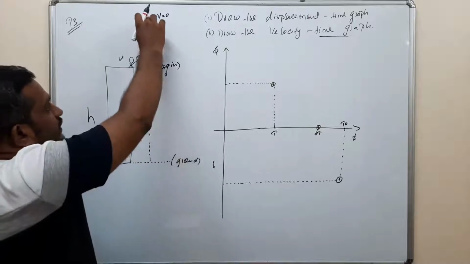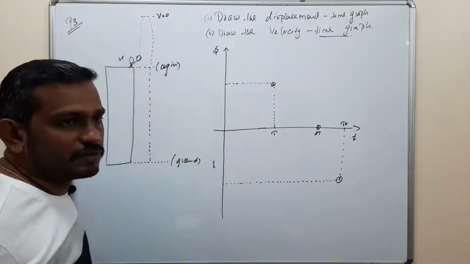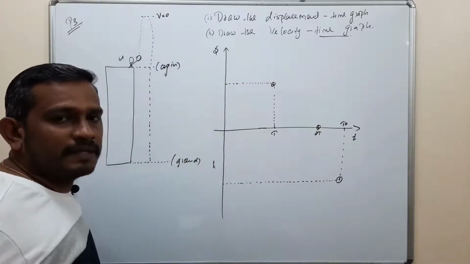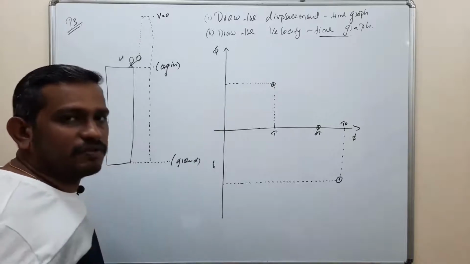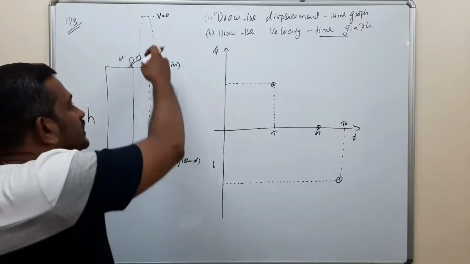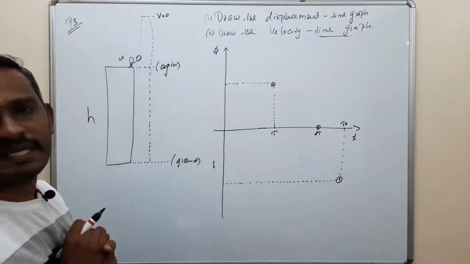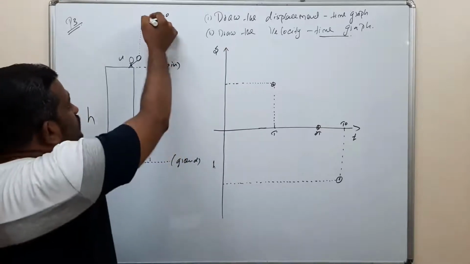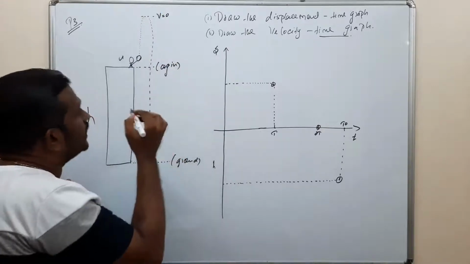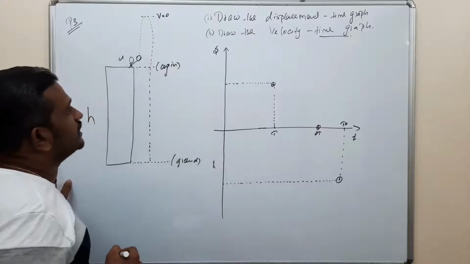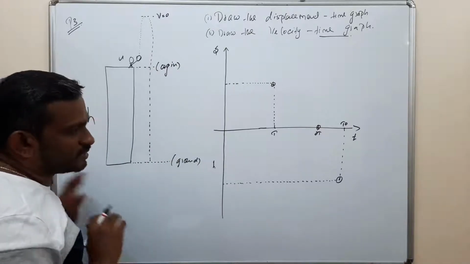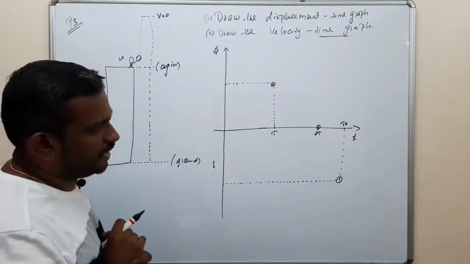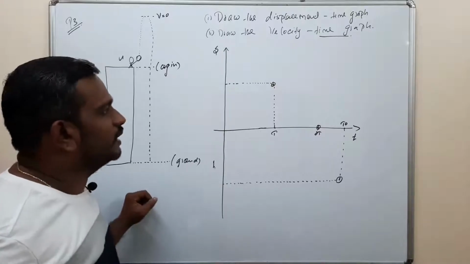From that point the ball comes down. The velocity is negative and increasing. Throughout the motion from this point to this point, the velocity is negative and increasing. In such a manner we have to draw the curve.